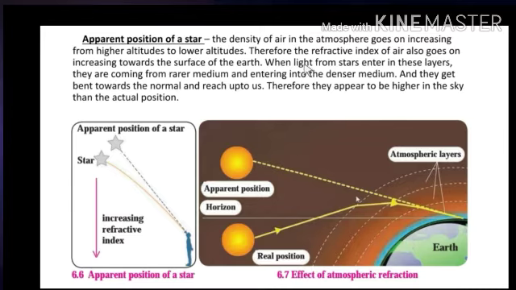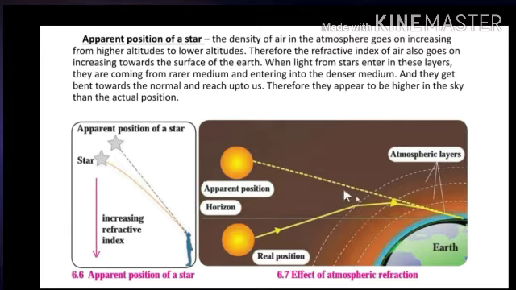Therefore, the refractive index of air also increases towards the surface of the earth as we move from top to down. When light from stars enters these layers of the atmosphere, it enters into the denser medium from the rarer medium.